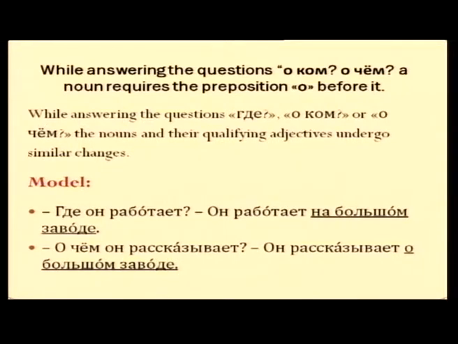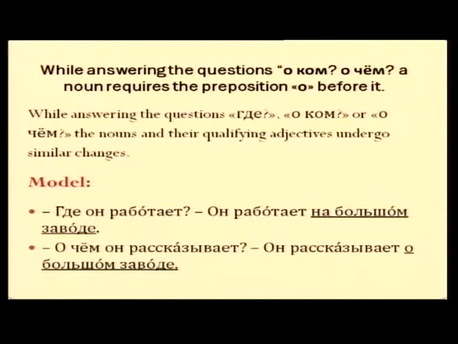While answering the question где or о ком or о чём, the nouns and their qualifying adjectives undergo similar changes. Let us understand this with an example. Где он работает? На большом заводе. О чём он рассказывает? О большом заводе.